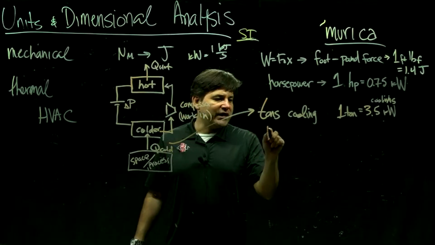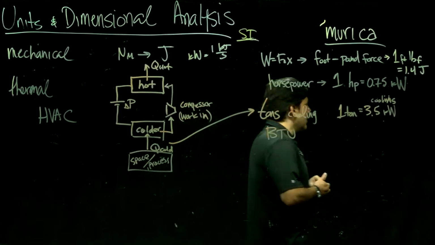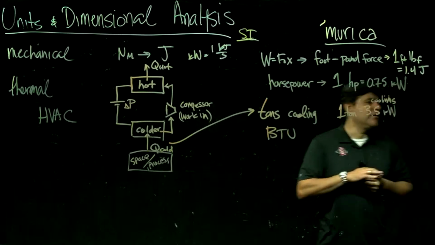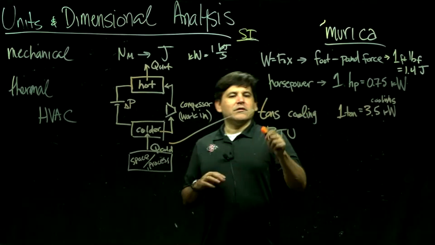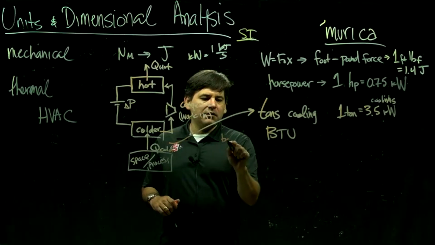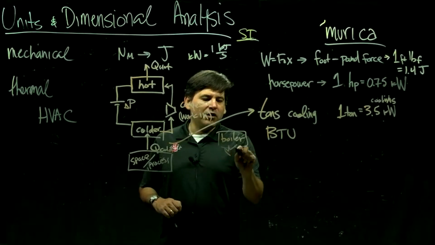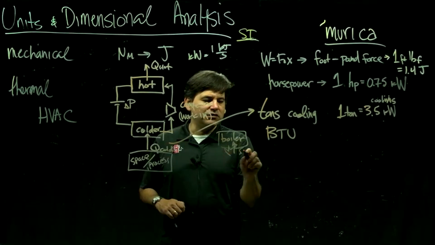But if you're talking about heating, like if you're trying to burn fuel to run a heating furnace or a boiler, you would quantify the boiler or furnace, and you're burning fires, by the BTUs coming in.